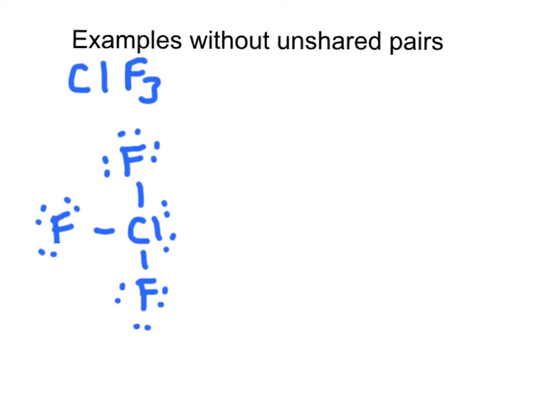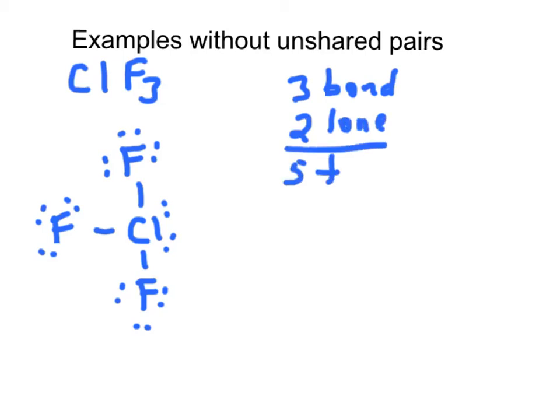Again, I'm skipping right ahead to the final answer for the Lewis dot diagrams. You would be expected to start these from scratch so that you realize what this shape's going to look like. Looking at the central atom, chlorine has 3 bonding areas. We have 2 lone pairs, and that's 5 total electron areas.